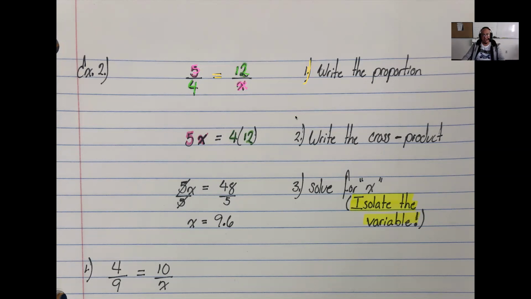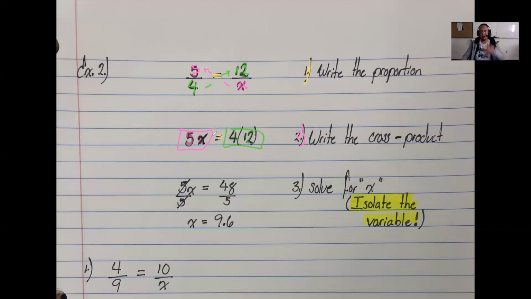Number 2, ladies and gentlemen, we're going to write the cross products. We're going to write an equation using the cross products. So again, these two are equal to each other, and since these two are equal to each other, that means that 5 times x, the cross product, so here's where the 5x, is going to be equal to 4 times 12.